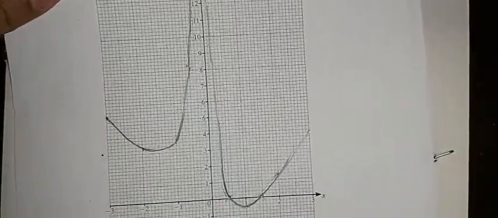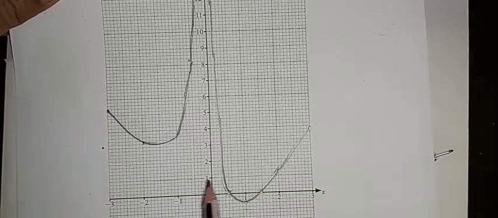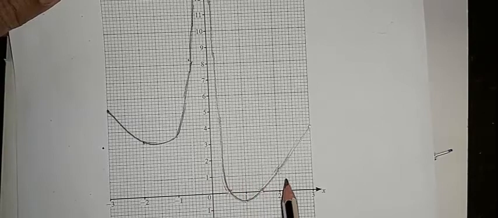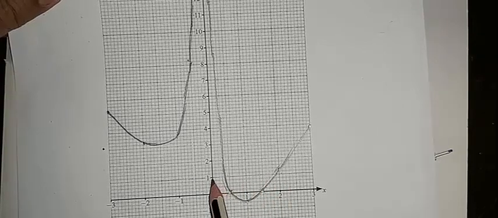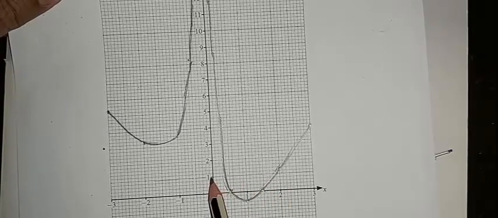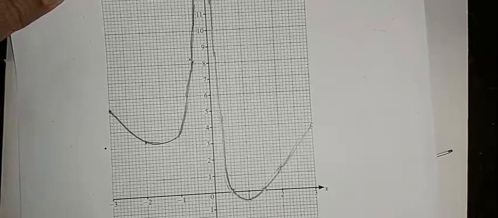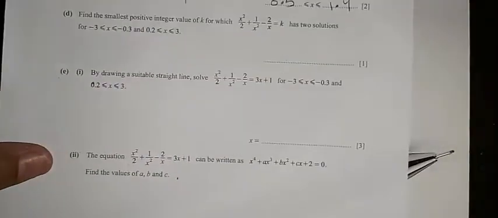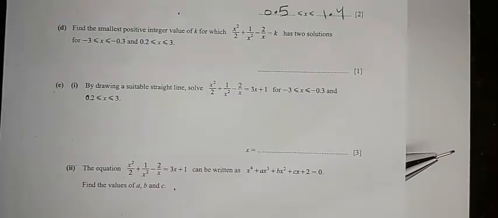You can find that this line here cuts the graph in 2 points, so this equation has 2 solutions, and the smallest value of this integer is 1, okay. So this value of k will be 1, okay.